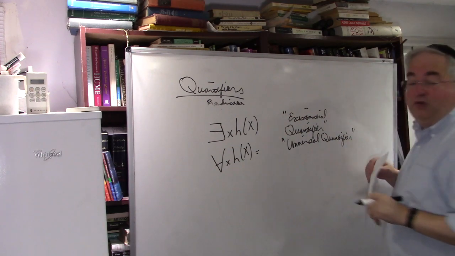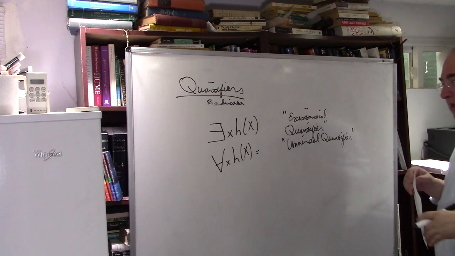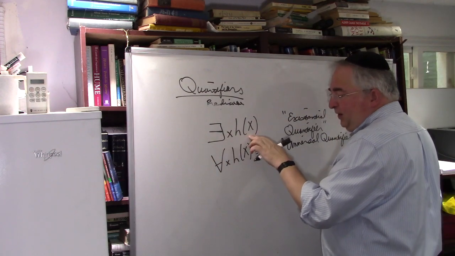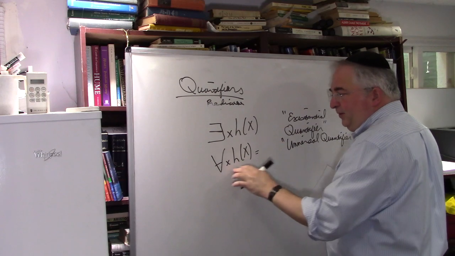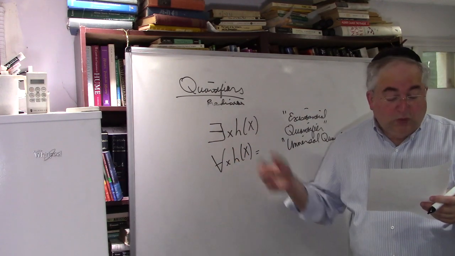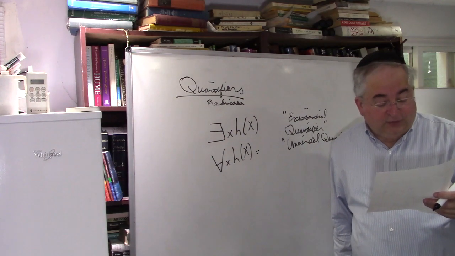That means every single one of them. So this says there is someone who's happy, and this says everyone's happy. And we're going to see with these two notions we can get a lot of different things.